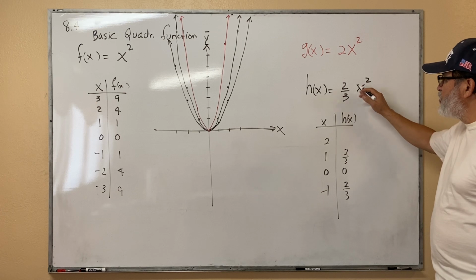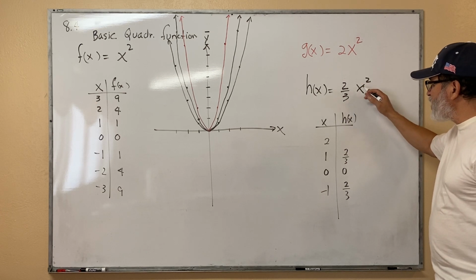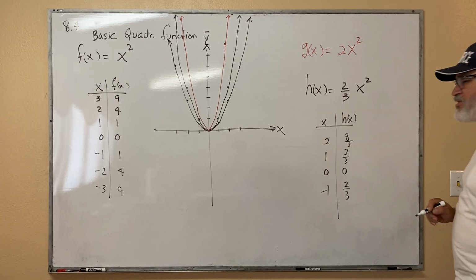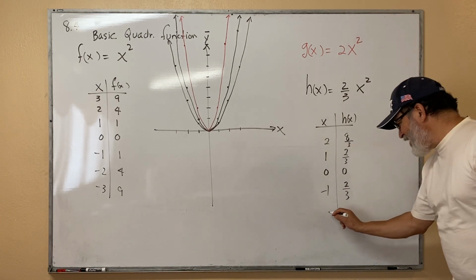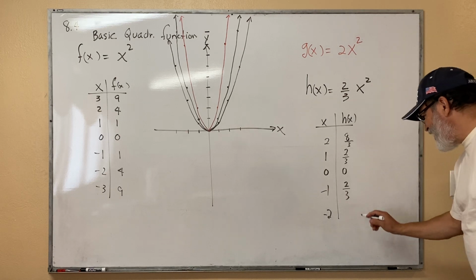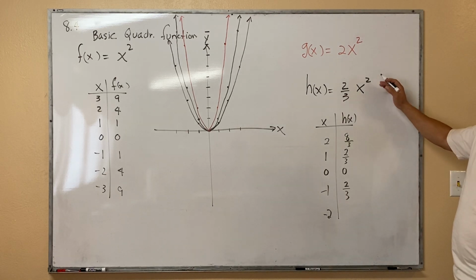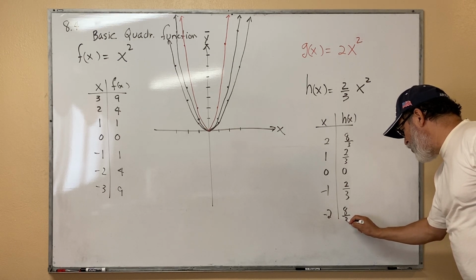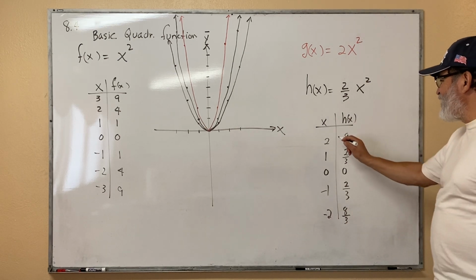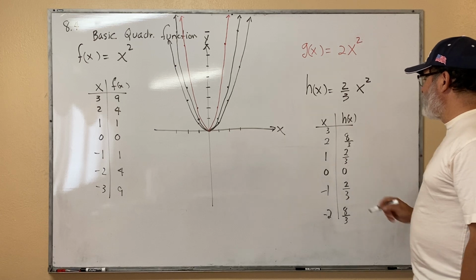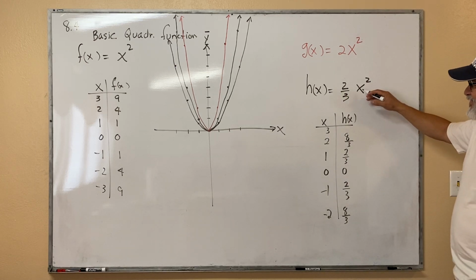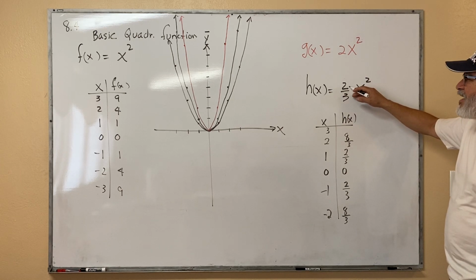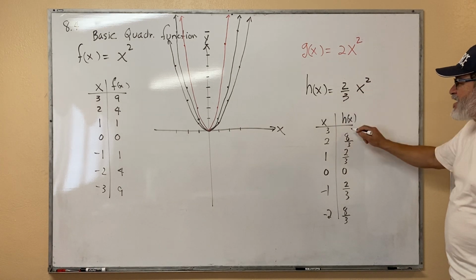4 times 2/3. What's 4 times 2? 8/3. Plug in -2, and -2 squared is 4, 4 times 2/3 is 8/3. Same as before. Plug in 3. 3 squared is 9. 9 times 2 is 18. 18 divided by 3 is 6.